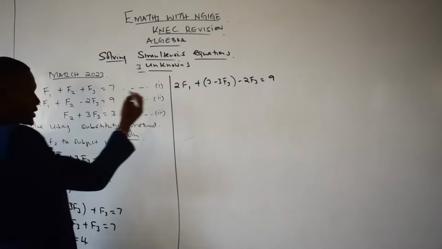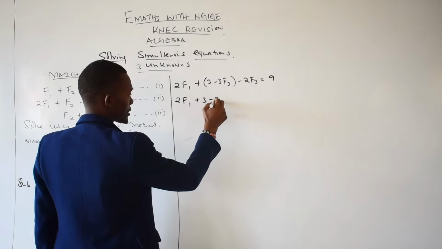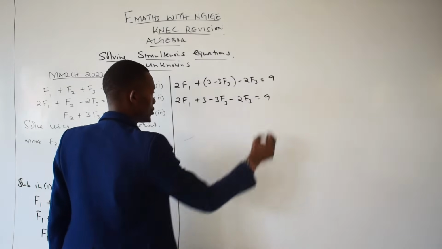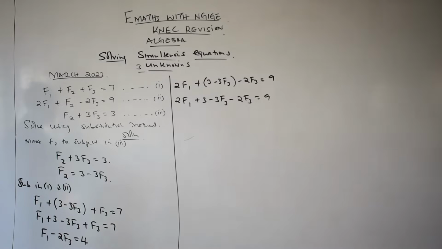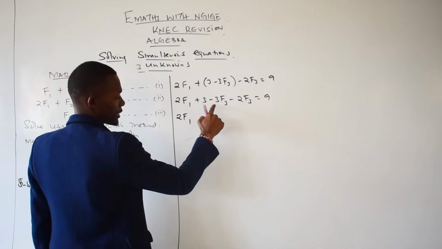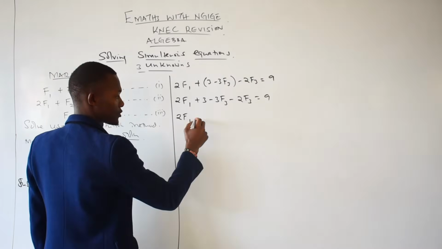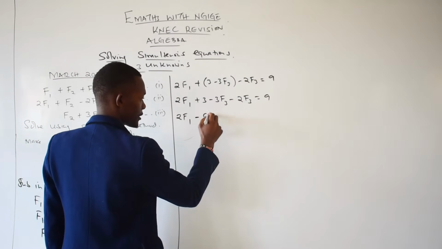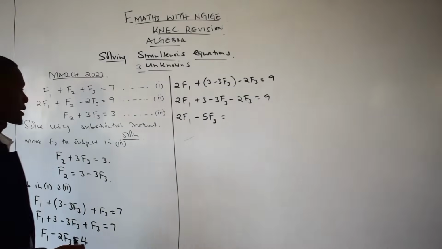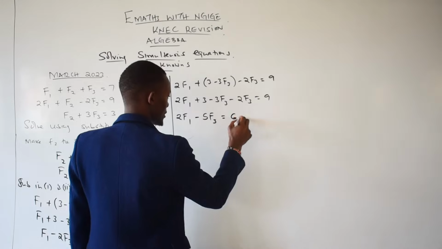Now opening up the brackets, we have 2f1 plus 3 minus 3f3 minus 2f3 equals 9. Now add the terms that are the same. So we have 2f1, then negative 3f3, negative 2f3 gives you negative 5f3. Then take the 3 to the right hand side. So you have 9 minus 3, which will give you 6.